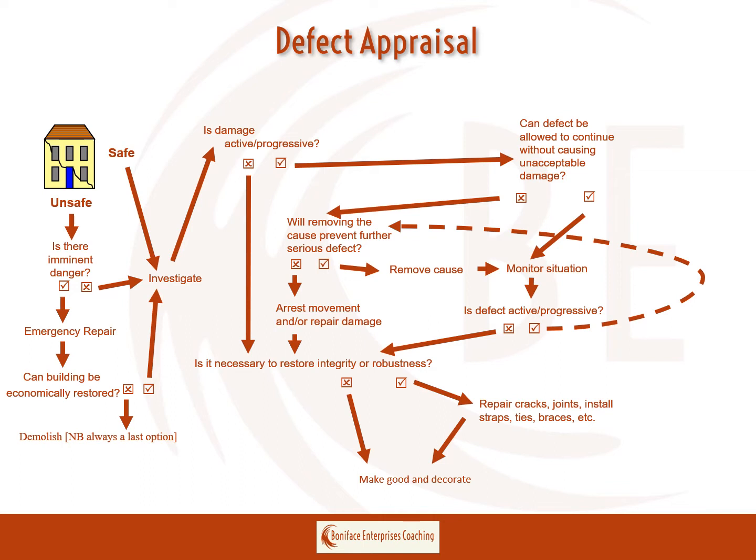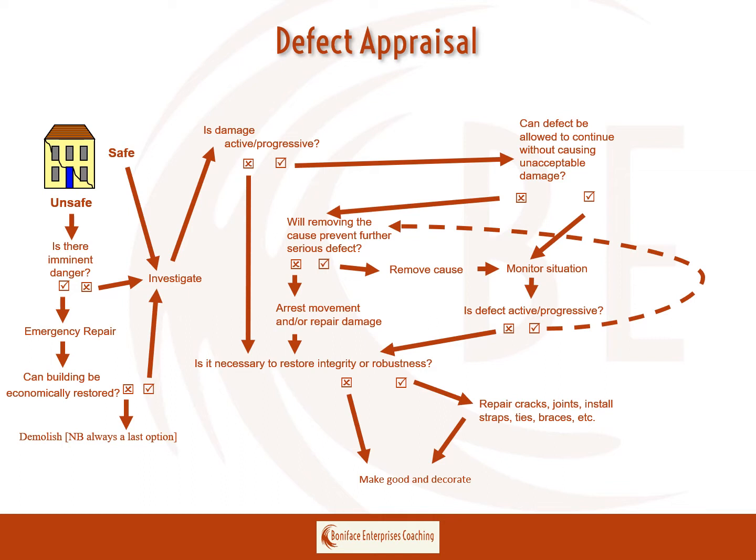And in those situations, if the tree were to be removed, would the soil recover and would the movement cease? If the answer is yes, then it may be that simply removing the cause, in that instance the tree, would deal with the problem, and the actual structural repair is far less invasive.